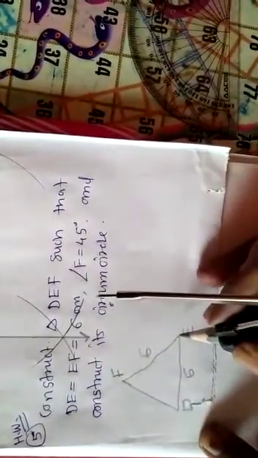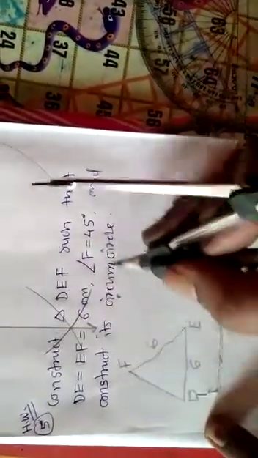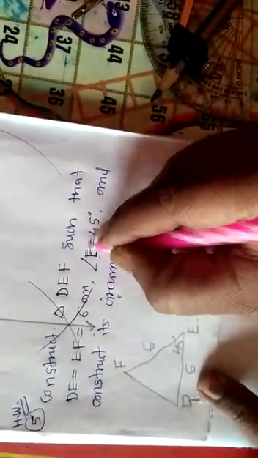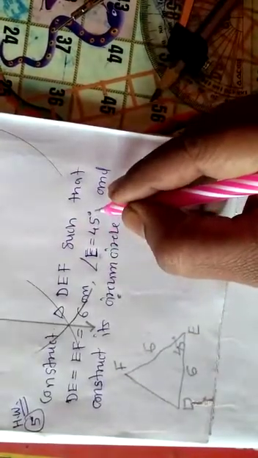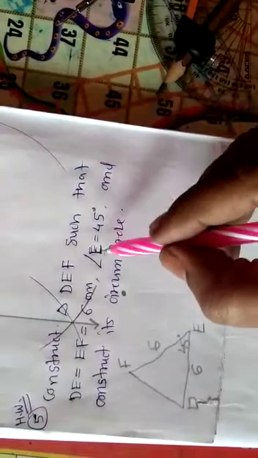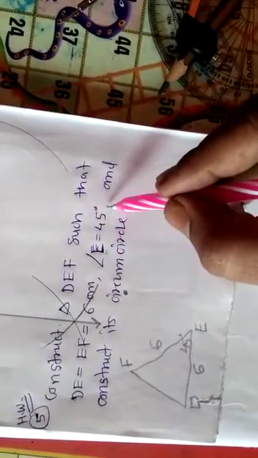And angle F, sorry, this is not angle F, this is angle E, 45 degrees. This is a printing mistake in the textbook. Take angle E as 45 degrees.